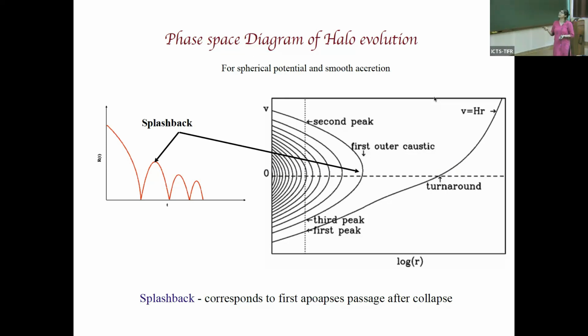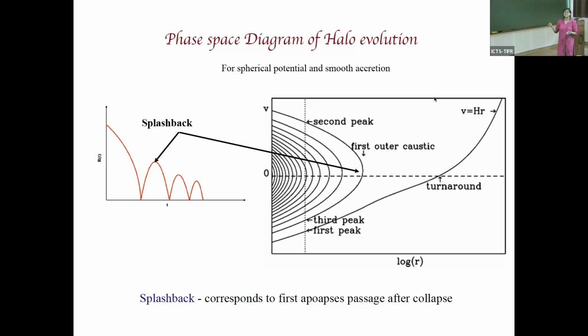Essentially, the boundary of these two regions is set by particles that are falling into the halo for the first time. Particles far away are expanding with the Hubble flow. Here is an infalling region with negative radial velocities, so these are particles falling towards the center. They cross over smoothly.